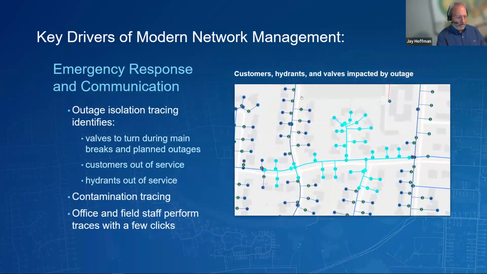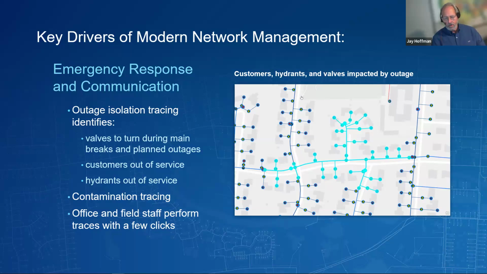The second key driver that we want to look at is emergency response and communication. So responding to water main breaks and quickly planning for maintenance outages are extremely important. This shows a picture of an isolation trace, and we'll show you that in a little while.